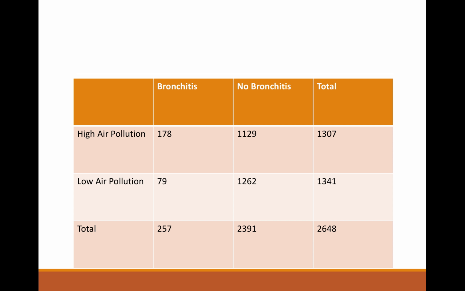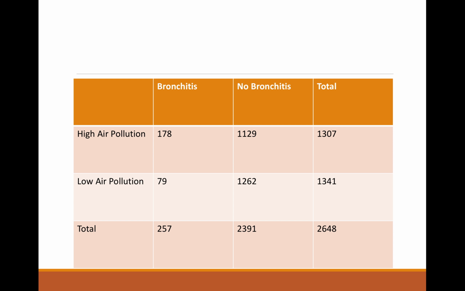As you're doing that, it's going to be good for you to break it down into parts. The first part would be, what's the incidence of bronchitis for those that live in a high air pollution area? When you get that, you can compare it, without calculating the relative risk, to the incidence of bronchitis in the low air pollution group.